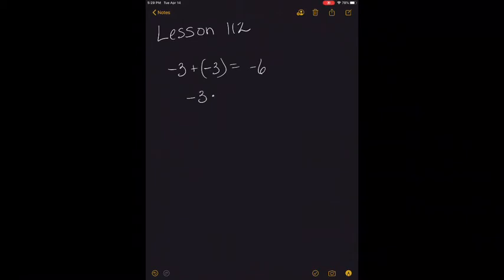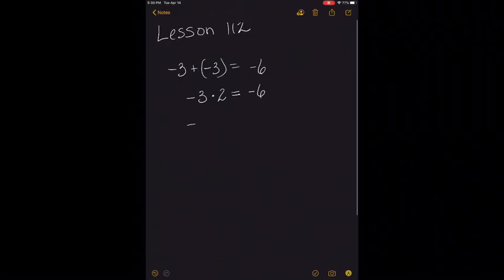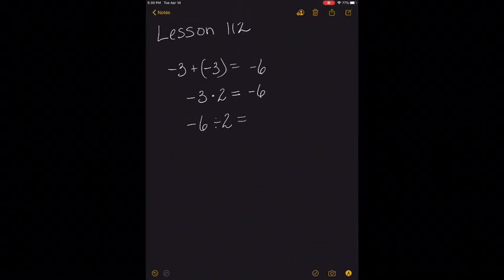Well, negative 3 plus negative 3 is the same thing as negative 3 times 2, right? Because multiplication is the same thing as repeated addition. So negative 3 times 2 must equal negative 6. Well, what happens when you divide negative 6 by positive 2? Well, you must get negative 3 because that's a fact family, isn't it?